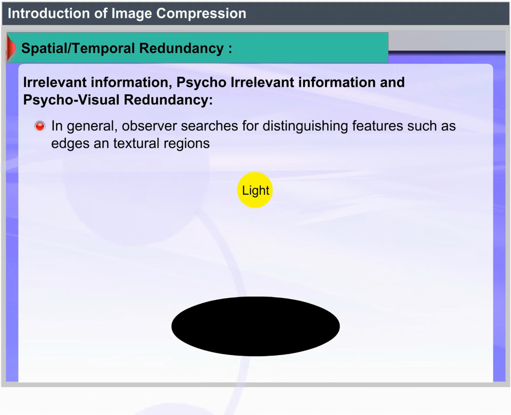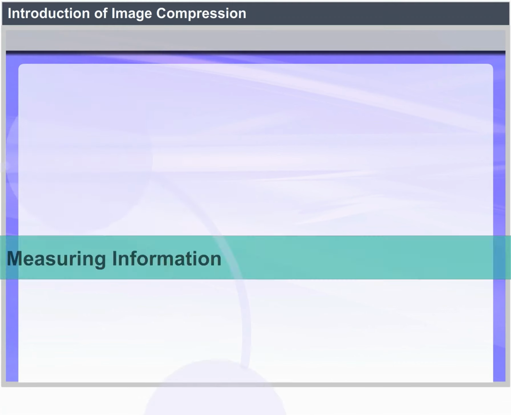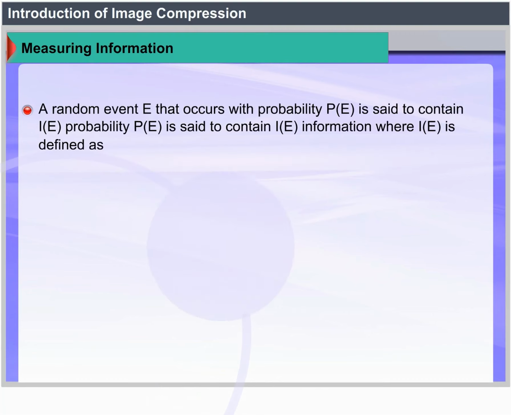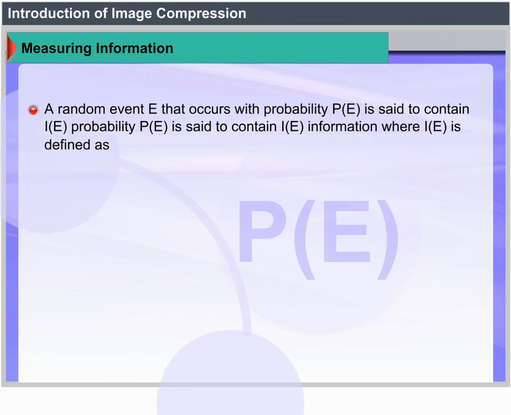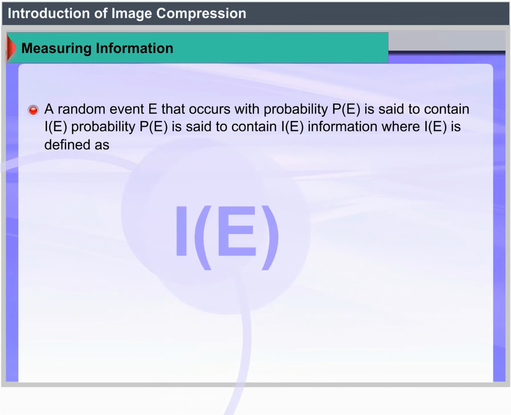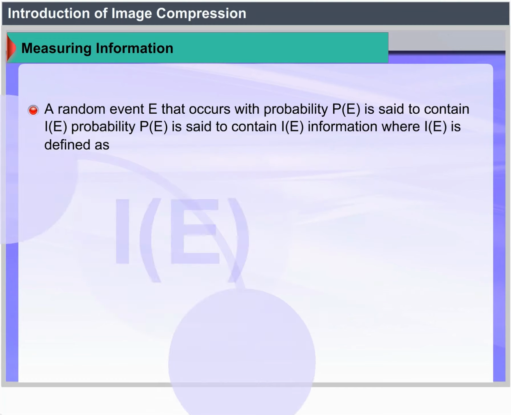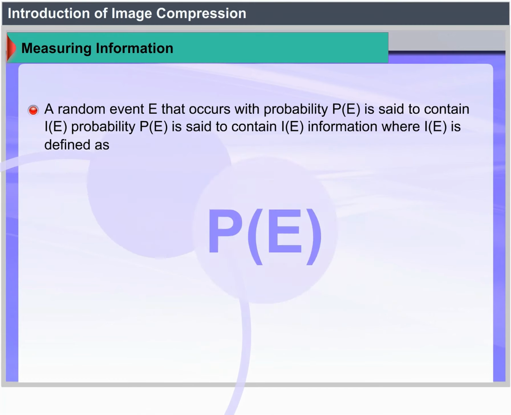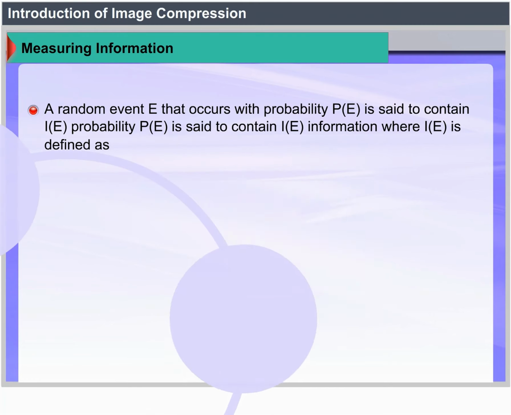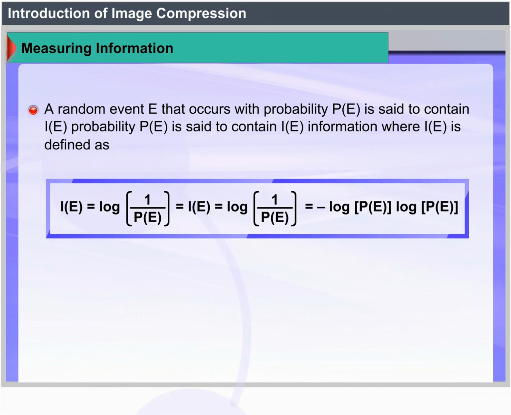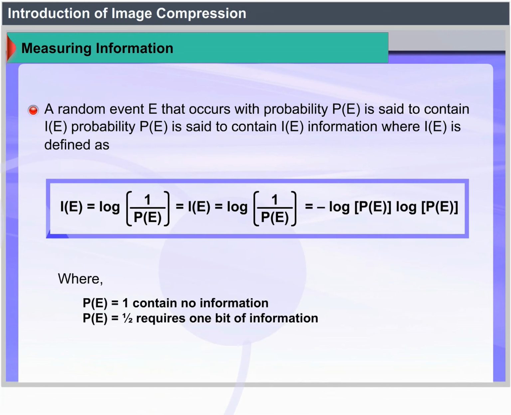Measuring information. A random event E that occurs with probability P(E) is said to contain I(E) information, where I(E) is defined as shown on the screen. Where P(E) equals 1, the event contains no information; P(E) equals half requires 1 bit of information.